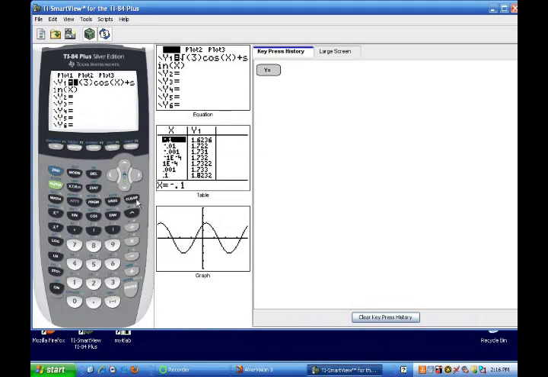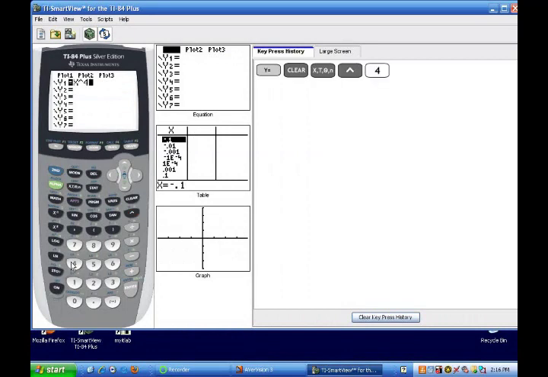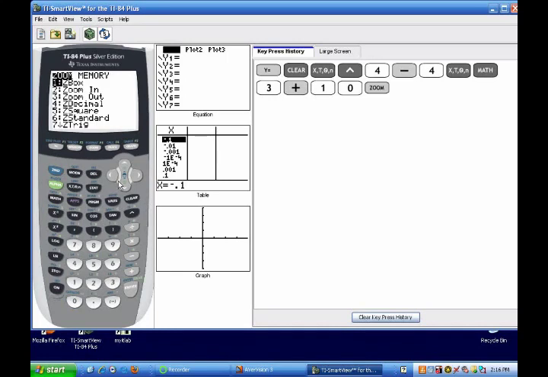And remember, our window now is in trig mode, right? So we have x to the power of 4 minus 4x cubed plus 10. And we're looking at values 0 and 2 and 3. So we could probably do a zoom standard.